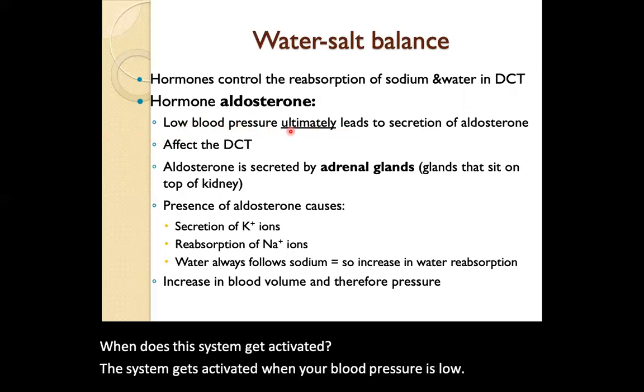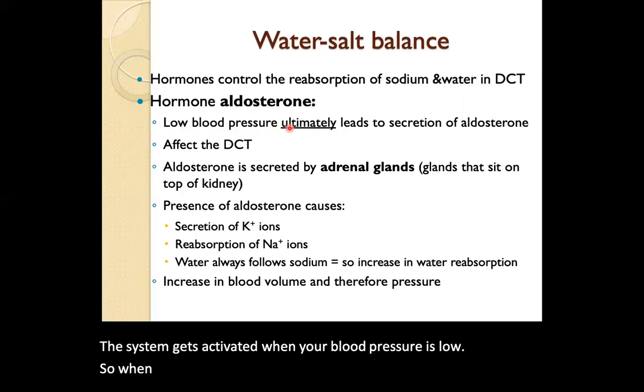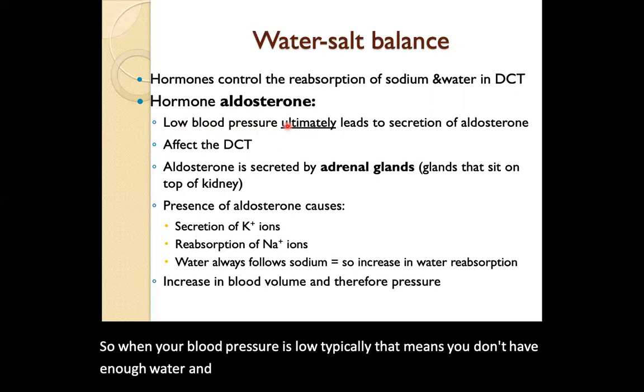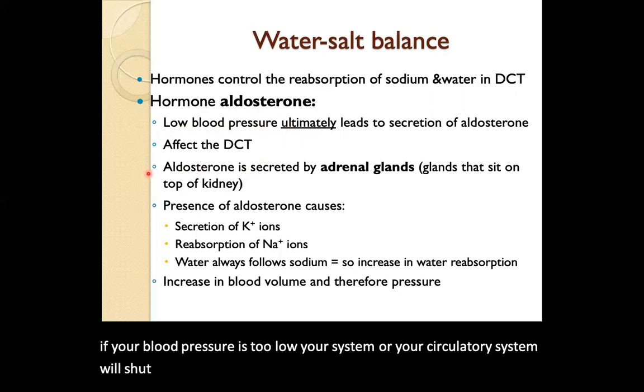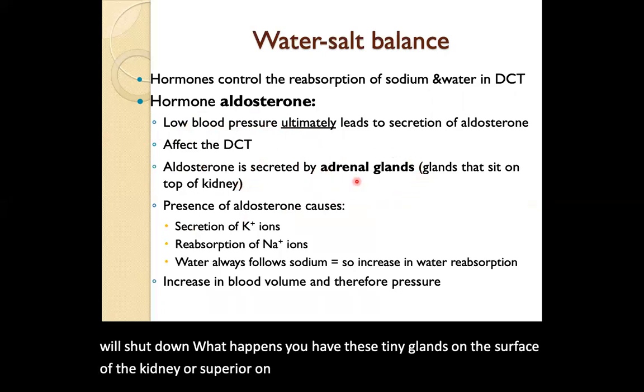So when your blood pressure is low, typically that means you don't have enough water, and that's not something that is really good, right? Because if your blood pressure is too low, your circulatory system will shut down. So what happens? You have these tiny glands on the surface of the kidney, superior on the kidney, called the adrenal glands.